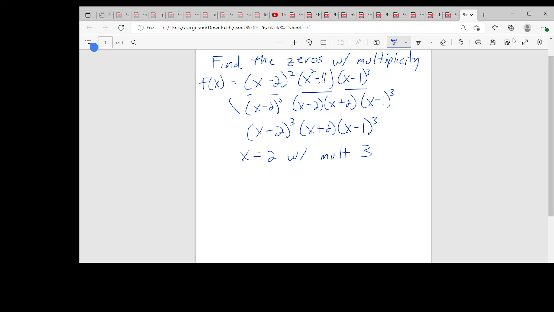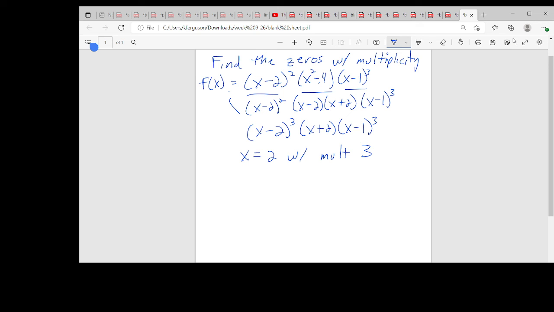Okay. The original problem says x minus 2 to the second power. When I factor this, it factors to x minus 2 to the second power times x minus 2. When I think about that, that's really x minus 2 to the third power.